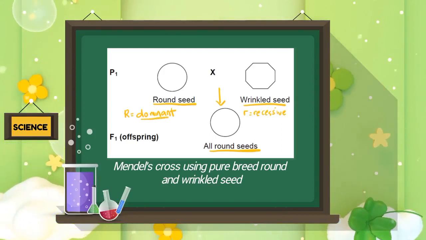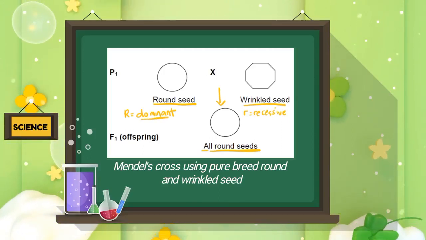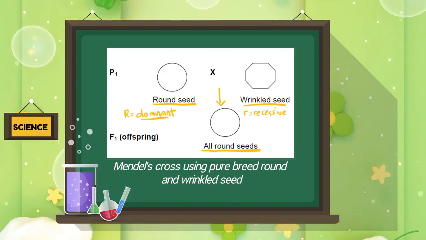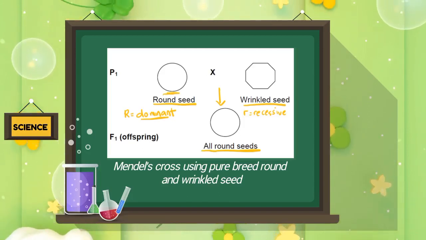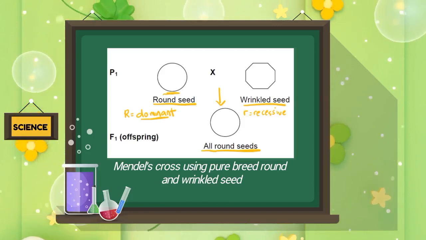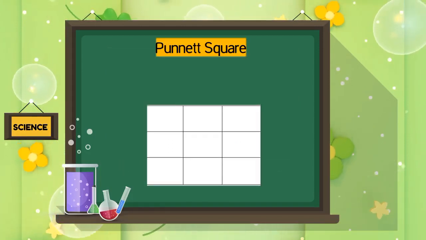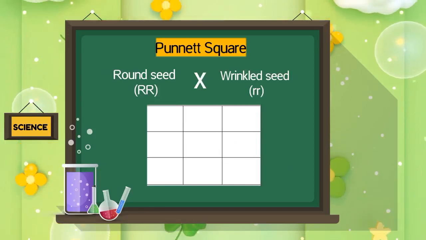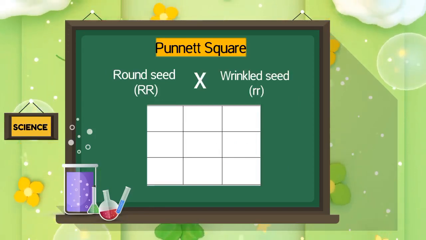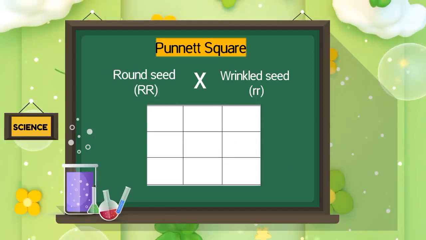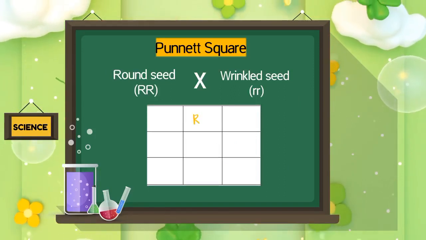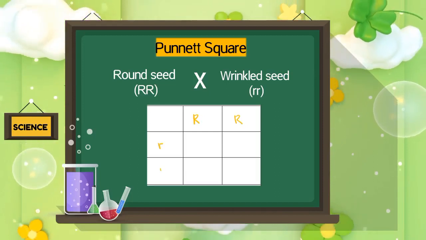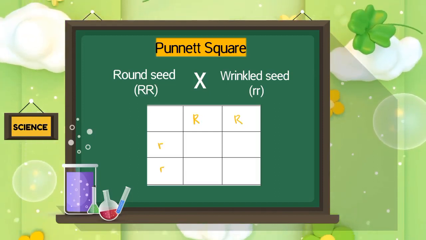Since dominant ang allele for round seed, lahat ng offspring ay nagkaroon ng round seed phenotype kagaya ng homozygous dominant parent. Ngayon, gumamit tayo ng Punnett square para makita natin ang result ng offspring ng purebred round seed and purebred wrinkled seed. Since pareho homozygous ang parents, maglalagay tayo ng 2 uppercase letter R for round seed and 2 lowercase letter r naman for wrinkled seed.